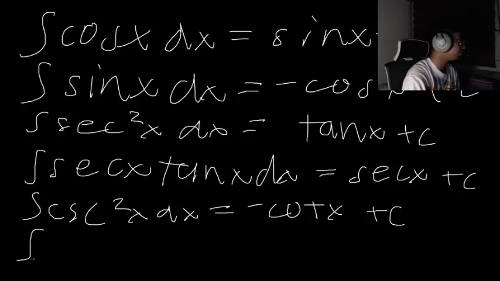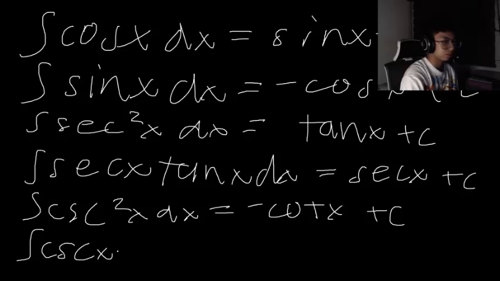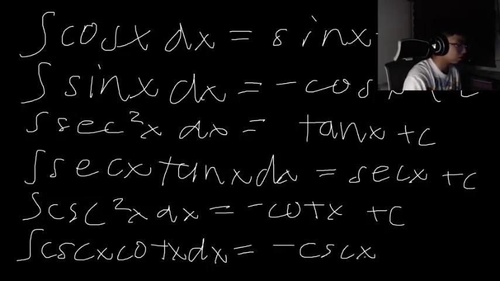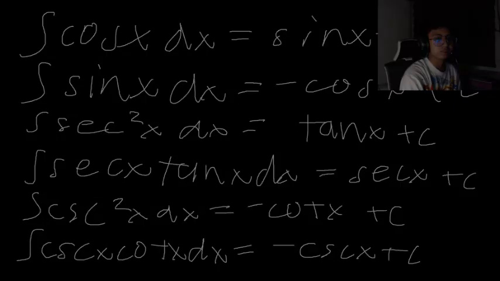Then lastly, cosecant x cotangent x dx is equal to negative cosecant x plus c. Now remember guys, you have to remember all these trigonometric functions for you to easily solve all the integrations of trigonometry. I'll give you an example of an integration of trigonometry.